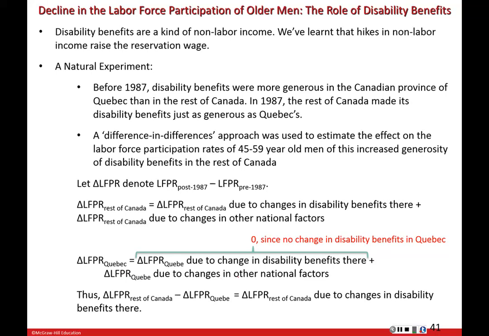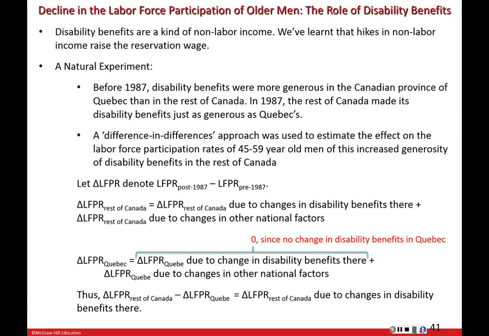However, in this equation here, the change due to change in disability benefits in Quebec, well, that's zero, because there was no change in disability benefits in Quebec. It was generous before, and it remained equally generous afterwards. So that part's zero. So what we can do now is look at the change in the labor force participation rate in the rest of Canada minus the change in Quebec.